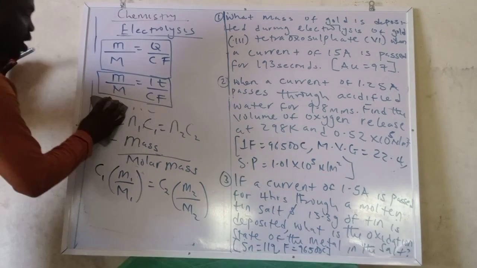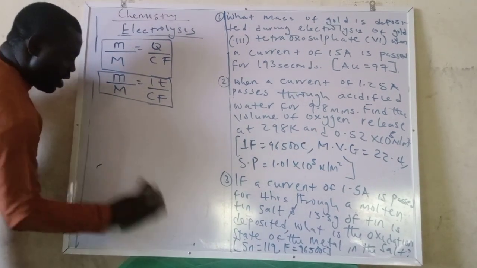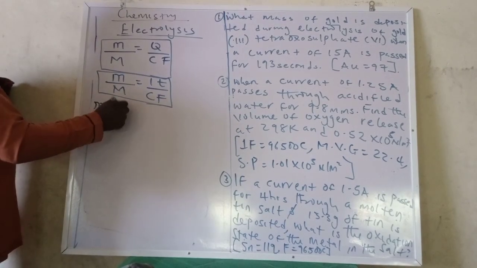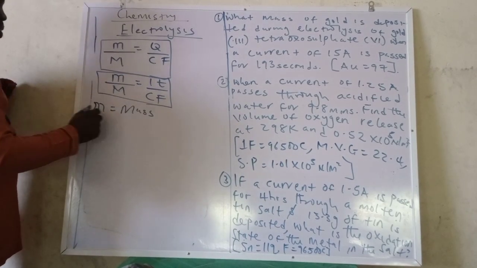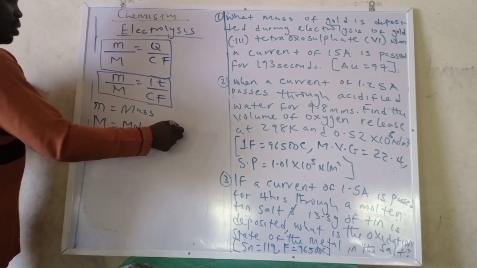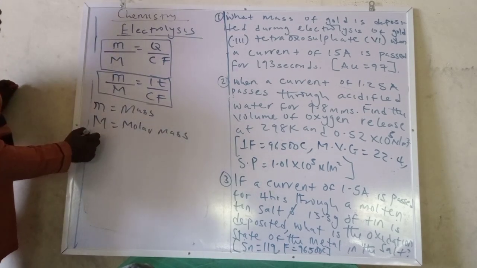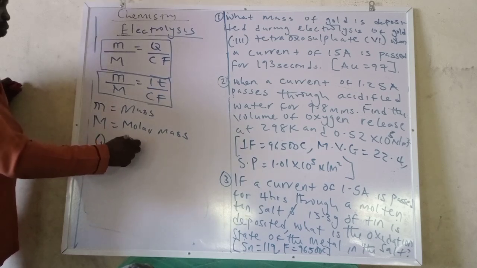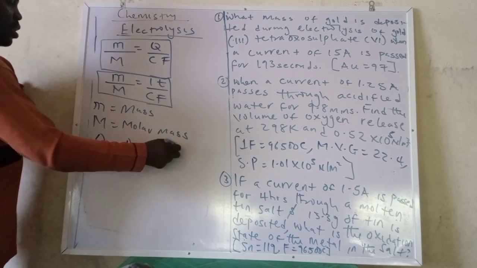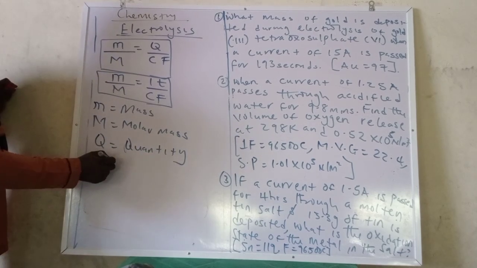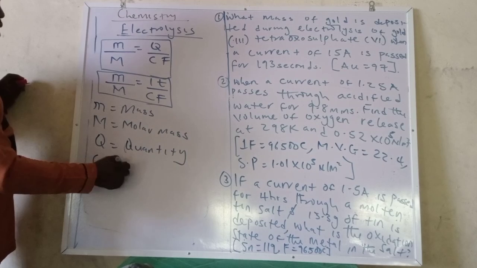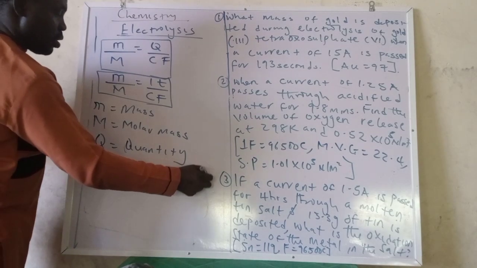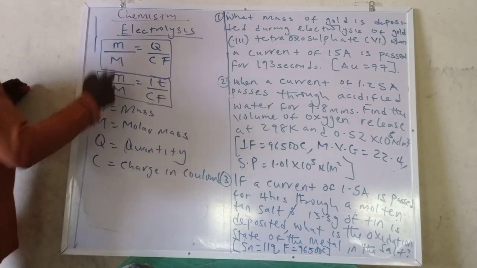Now, in this case, the small m is the mass of the element, the capital M is the molar mass of the element, and Q refers to the quantity of electricity. C refers to the charge, in coulombs.